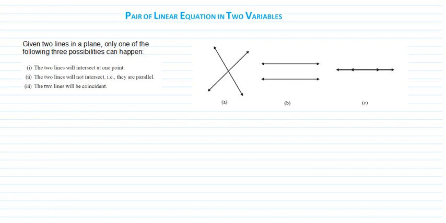If there are two lines, there can be only three possibilities. The first possibility is that the lines will intersect, and when they intersect, they will intersect at a unique point, with only one point of intersection. The second possibility is that they will never intersect, like railway tracks, they never meet. Parallel lines.